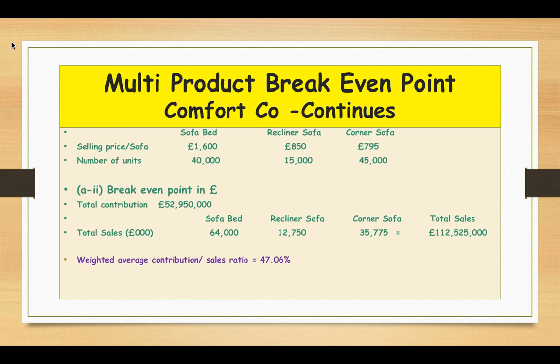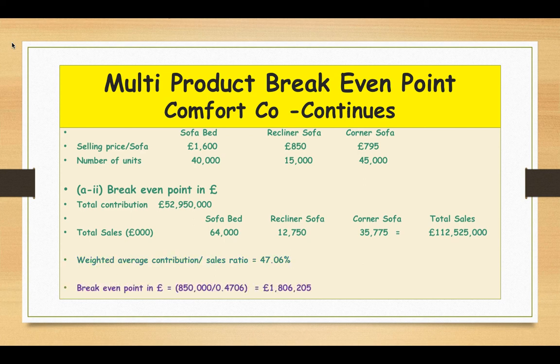So now we can calculate the weighted average contribution to sales ratio. So total contribution 52,950,000 divided by the total sales, which is 112,525,000, times it by 100, you will get 47.06%.